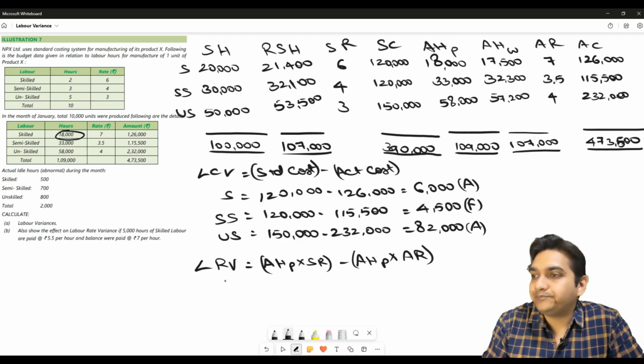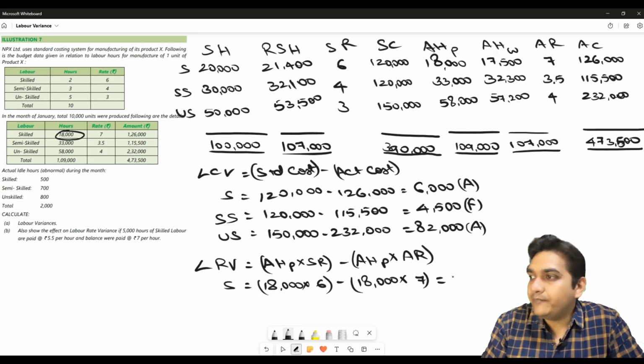Actual rate. For skilled, actual hours paid is 18,000 into standard rate is 6 minus actual hours paid again 18,000 into 7, which will be 18,000 adverse.